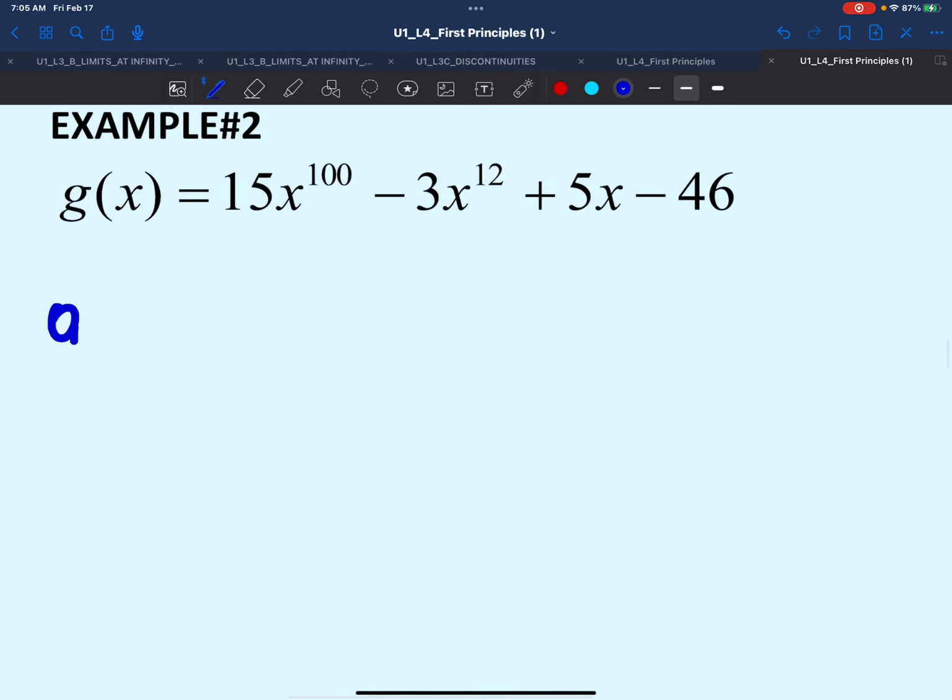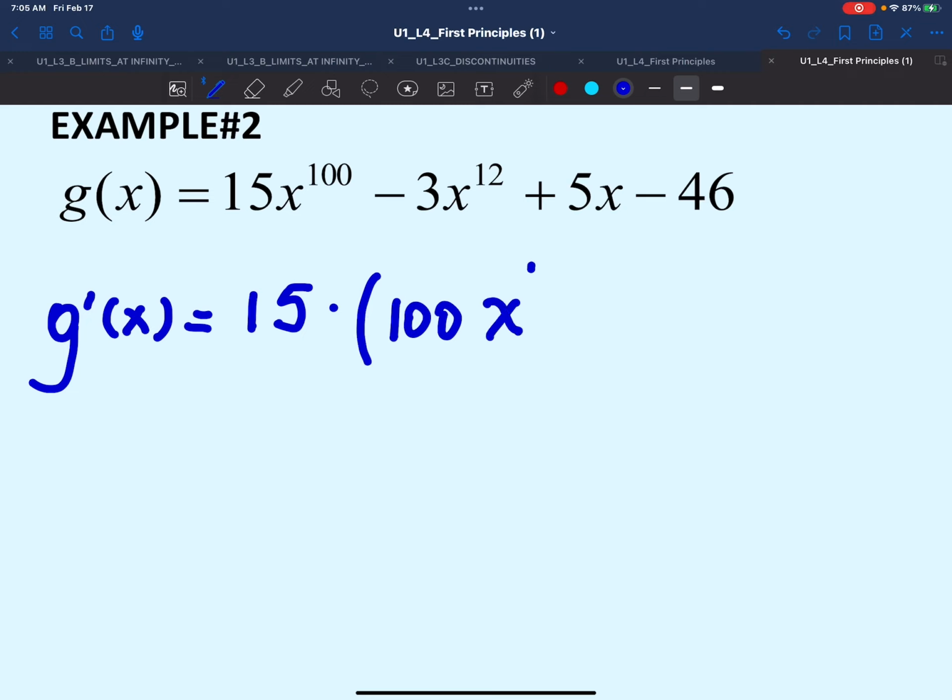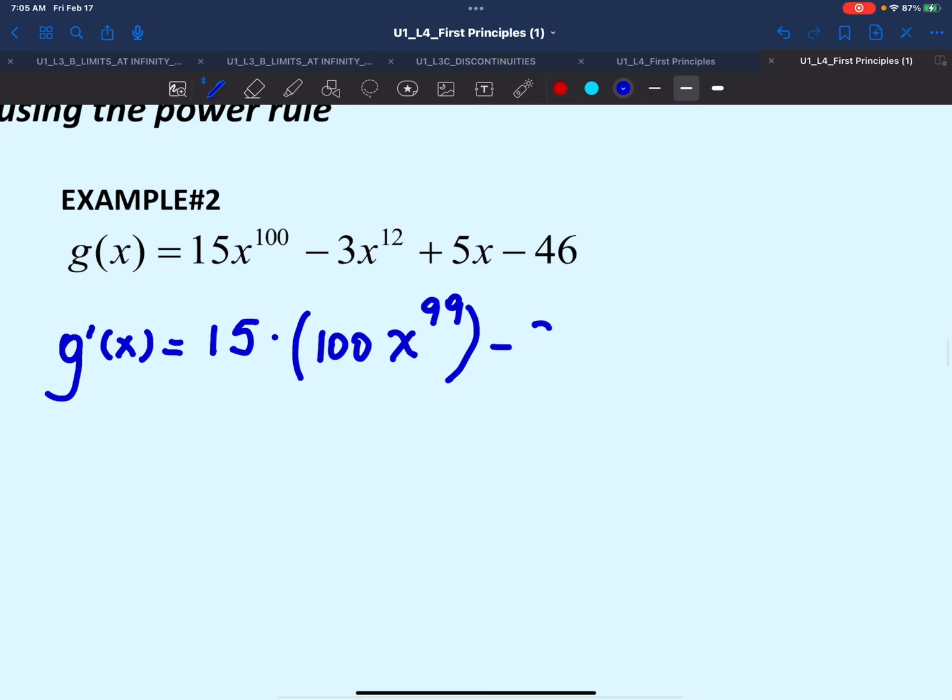So for g prime x, we'll have number 15 stay intact as is. And then we'll differentiate x to the 100, which is basically 100x to the power 1 less than 100, 99. And then minus, we have 3. Differentiate x to the 12, that's 12x to the power of 11.